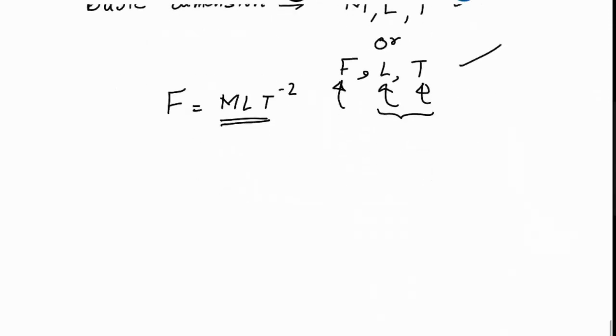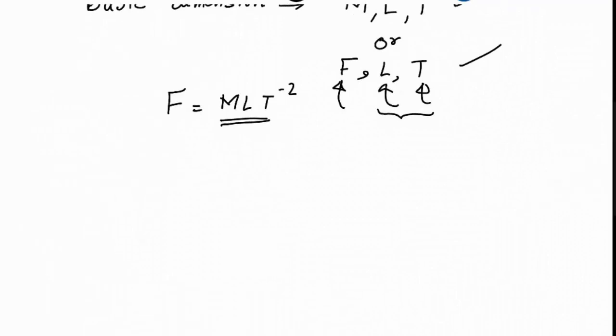F is nothing but MLT minus 2. This is L, this is T. So force is also a different dimension. Force is basically not depending upon L and T. This is independent. So these three are independent. Similarly, these three are independent.